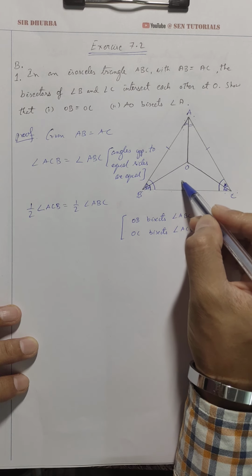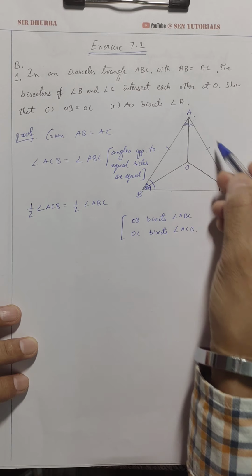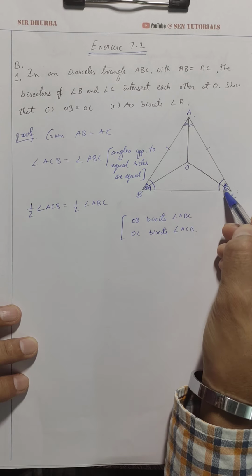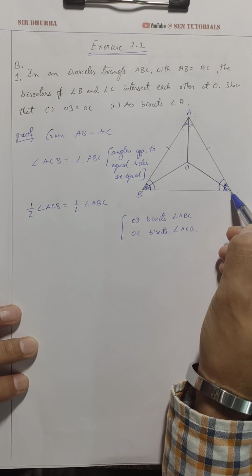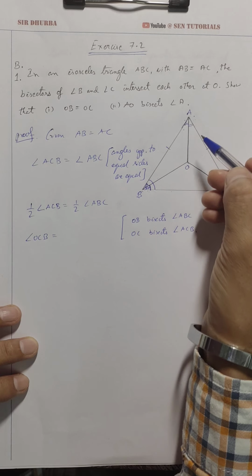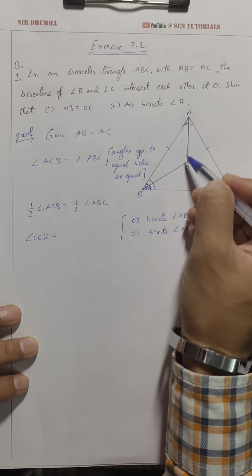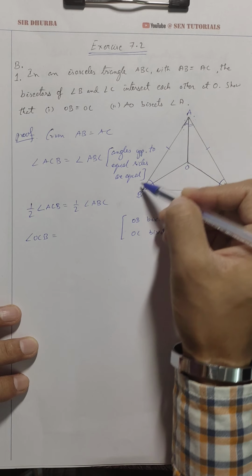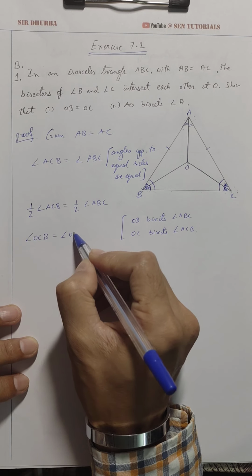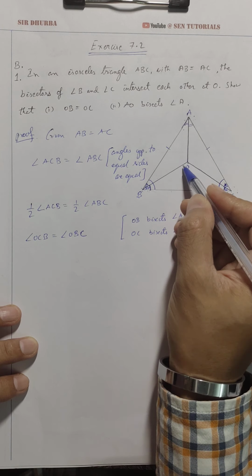So I'll focus on this interior triangle only. Half of ACB can also be written as angle OCB, which is equal to half of ABC. Half of ABC, either you can write OBC or OBA, but we will use OBC. So OCB is equal to OBC.